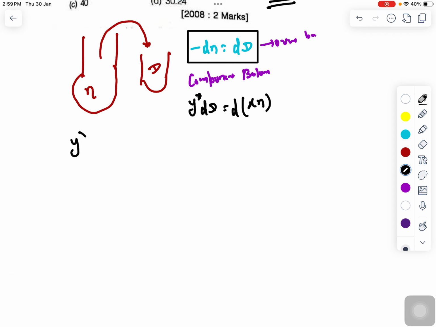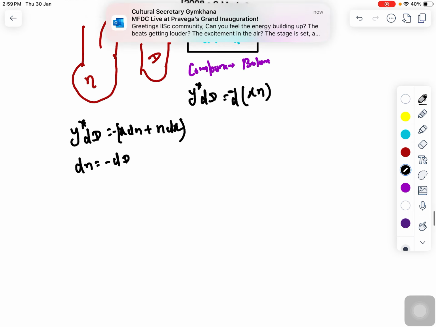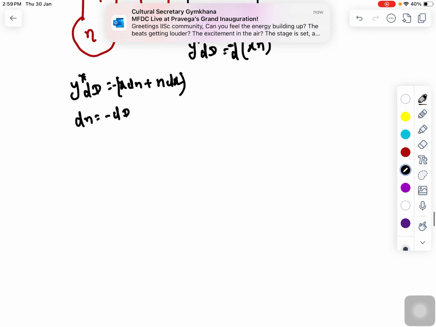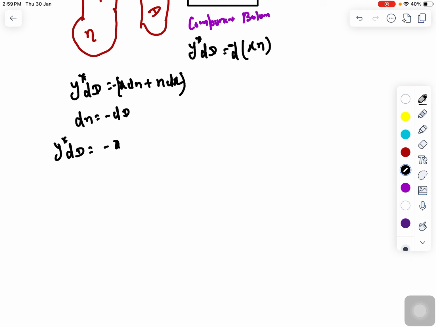So I can also write y star dD, that is equals to x dn plus n dx, right? And what is dn? dn can be written as minus dD. Is that clear? So here there will be a minus sign if I am doing the component balance, right? So now let's substitute these things here. y star dD, that is equals to minus x dD minus n dx.